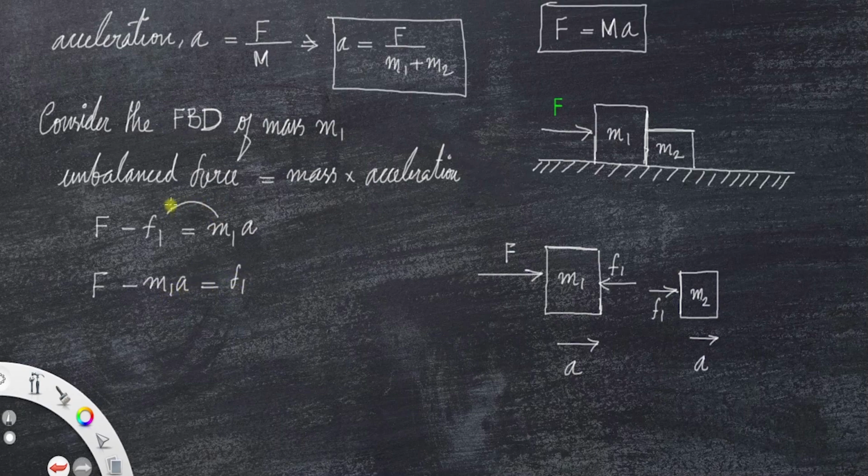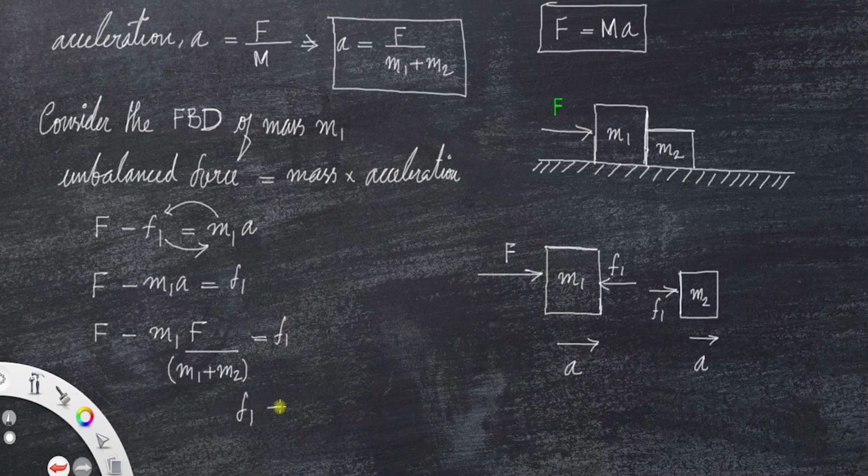Now we have F minus m1, and here, instead of a, you can put this value, so that is F divided by m1 plus m2, equal to F1.